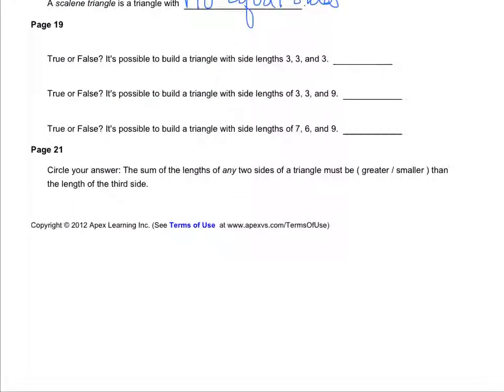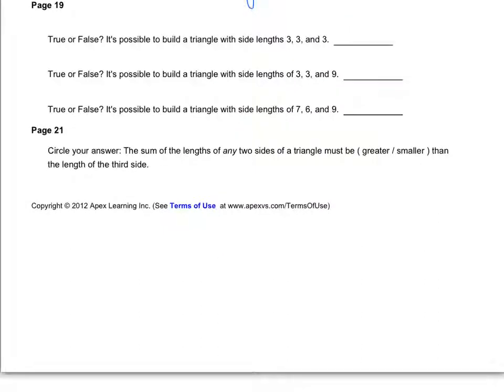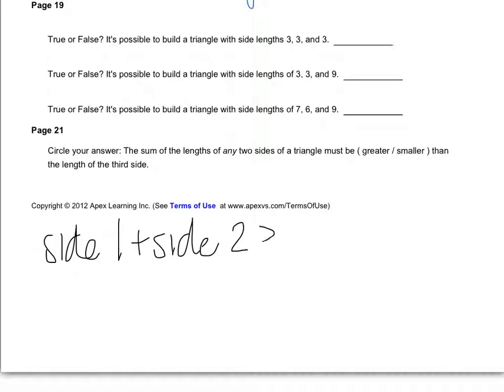All right, so this page 19 is about determining if something can be a triangle. So here is our rule on side lengths. You pick 2 sides. The rule says that side 1 plus side 2 has to be greater than the third side.